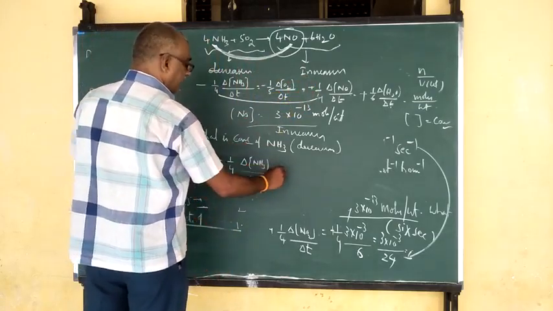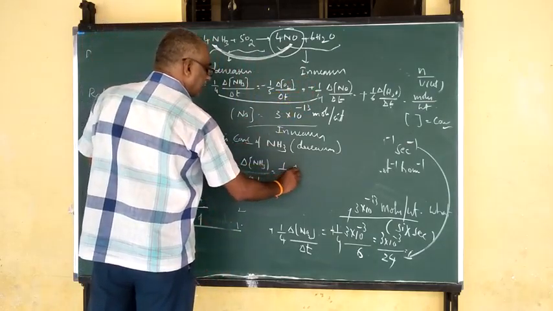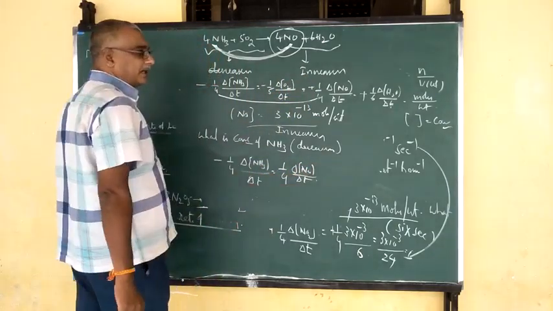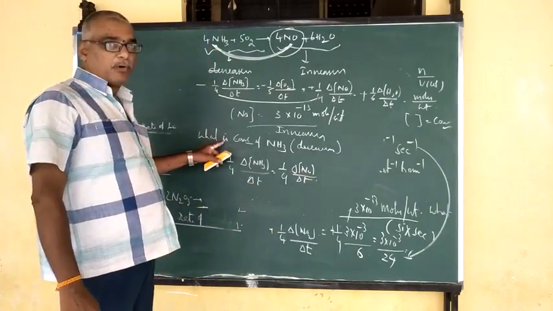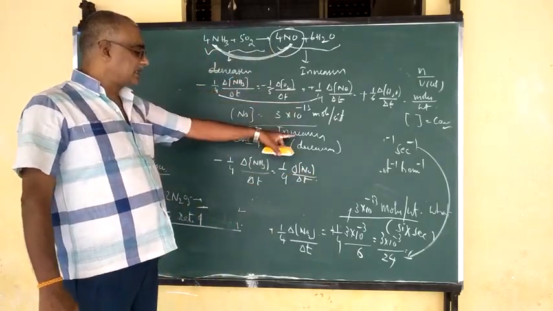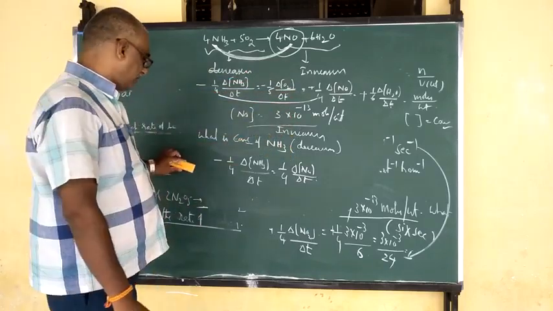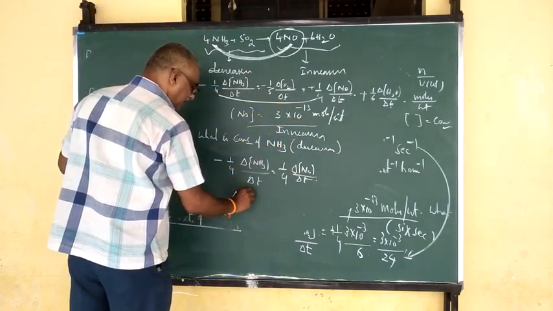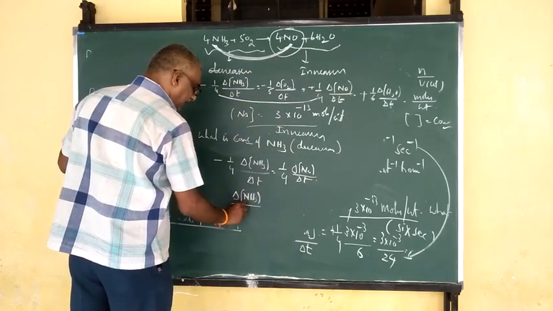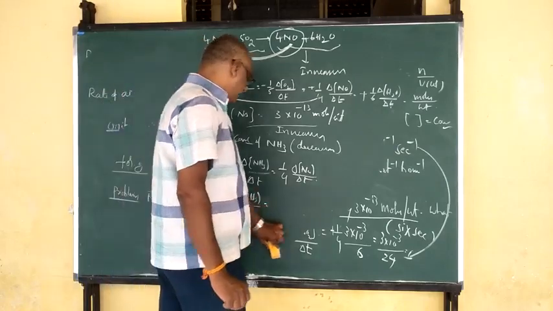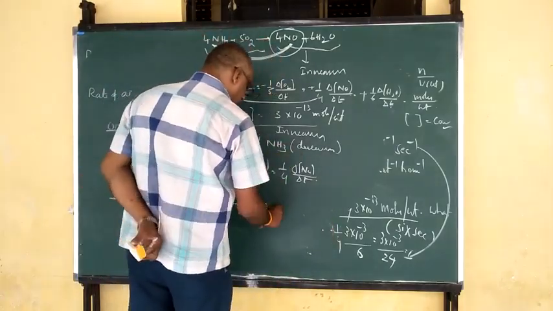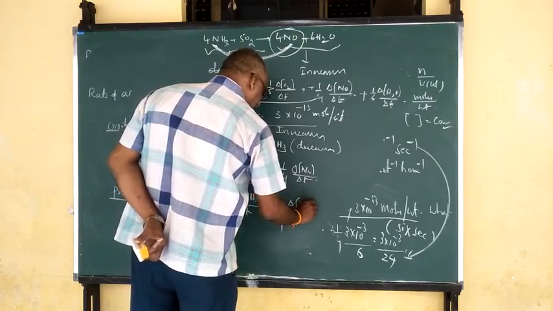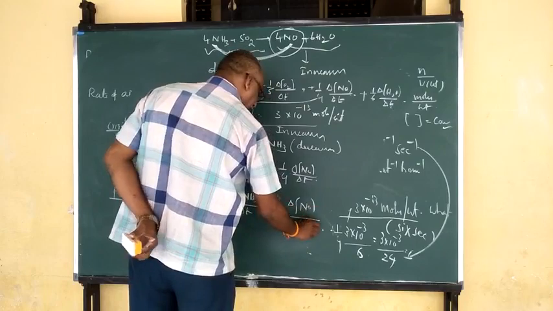That's why 1 by 4 delta of NO divided by delta T. So here ammonia is asked, but the NO concentration increased by 3 into 10 power minus 3. So delta of NH3 divided by delta T is equal to, this 4 will go, 4 by 4 into delta NO divided by delta T.